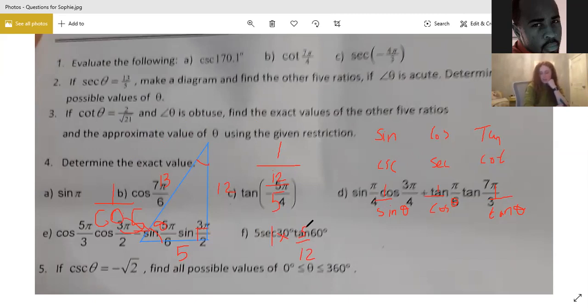So I got my answers as 135 and 225. Those are the angles, all possible values. Number 5, my final answer is 135 and 225. Okay, how did you get that? I did not write down all my work, which kind of sucks.